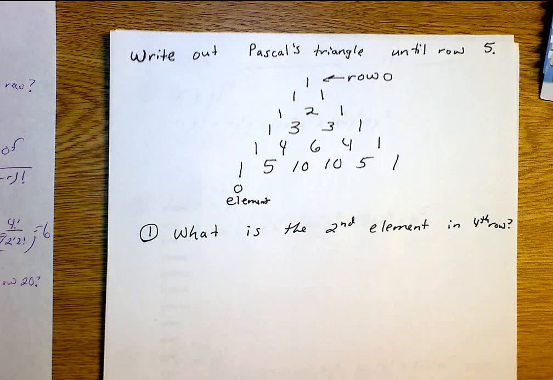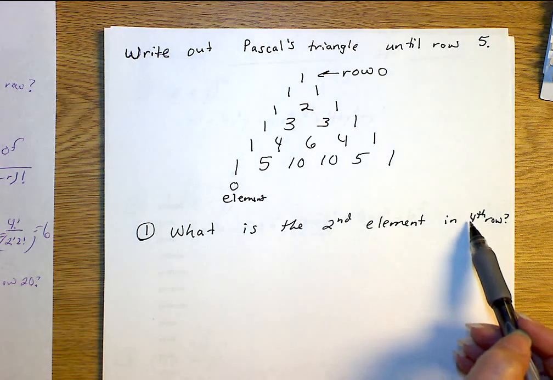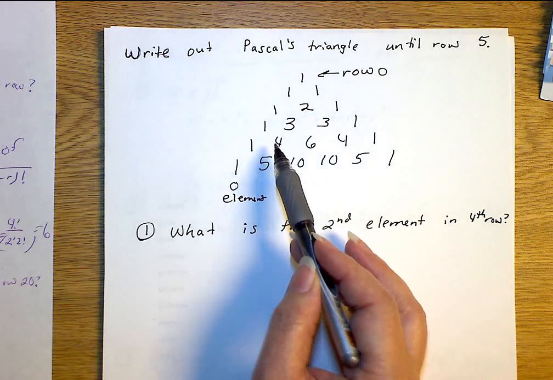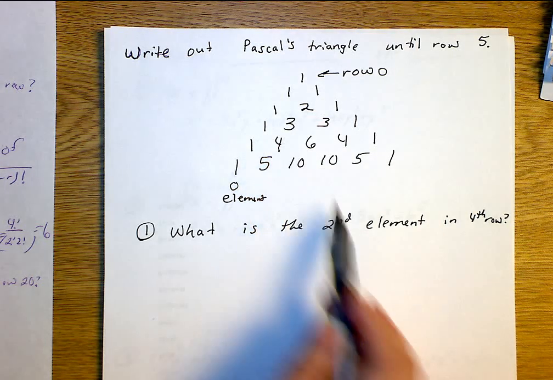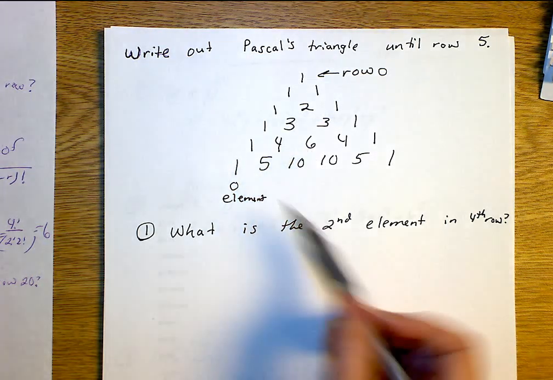Alright, so we have here the fourth row is right here, because we can clearly see the 4. And now the second element, remember you go 0, 1, 2, and a lot of you were saying 6, and that is right.